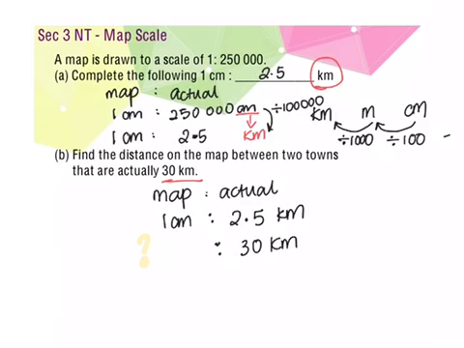How do we work out the working? This one will be 30 over 2.5 times 1, which gives us 12, and the unit here is cm. So the distance on the map is 12 cm.